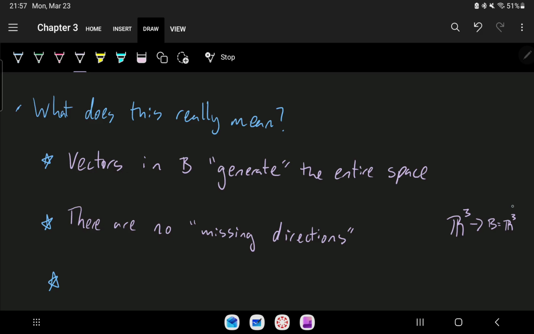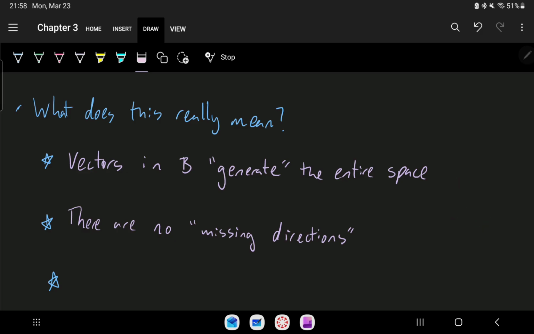We can't have it be R2. That wouldn't make sense because that would essentially be missing an entire direction, which goes back to what we just said, because it needs to generate the entire space. There can't be any spots that aren't hit, right?